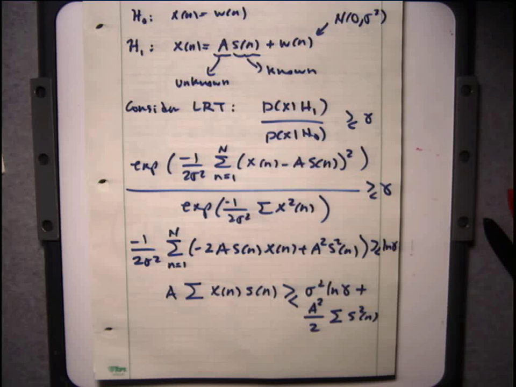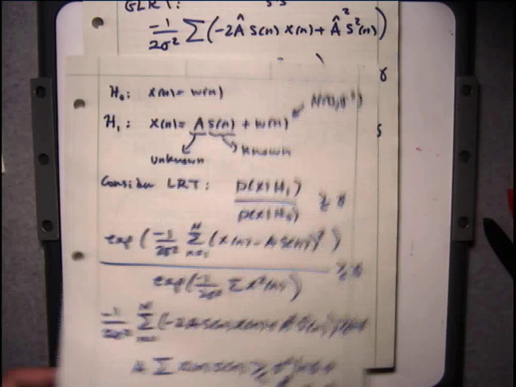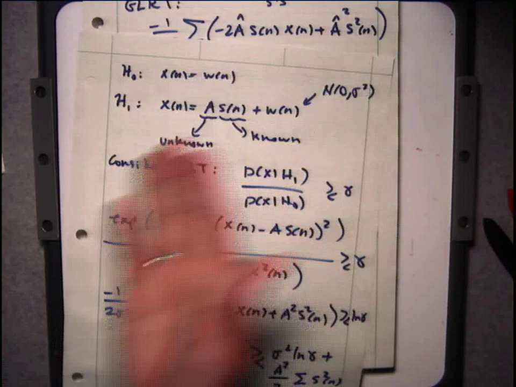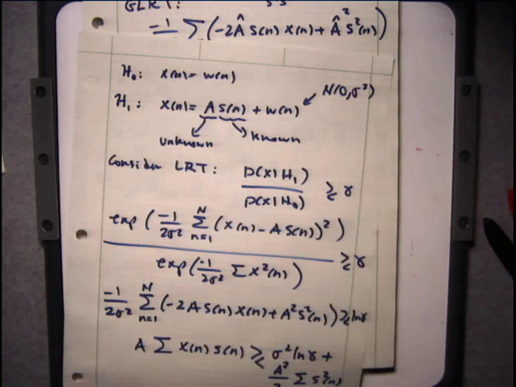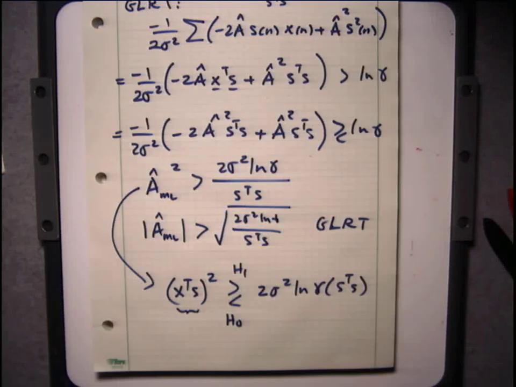Oftentimes the mistakes that people make are because they assume that because a problem looks very simple on the surface, the interpretation of the solution and the properties of the solution are going to be just as trivial. That's almost never the case in this particular business. I'm talking specifically of the case where you have unknown parameters and you're trying to do detection. You have to be very, very cautious with the kinds of things that you do.